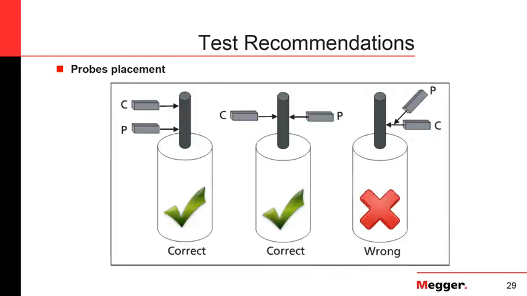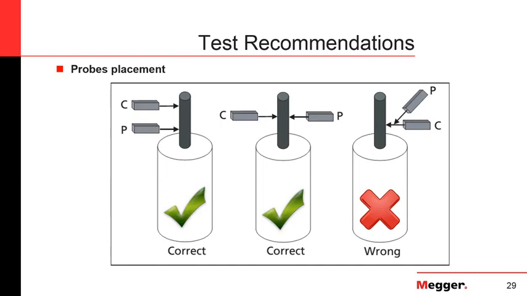Now, the Kelvin type leads are, like I said, really common in the industry, because another important consideration when we are making our measurements is how we place our leads when we connect those to the specimen we want to test.